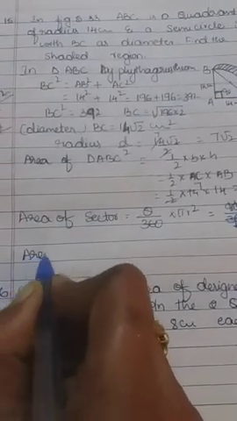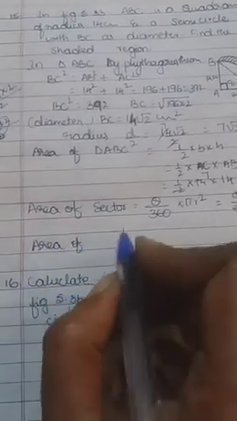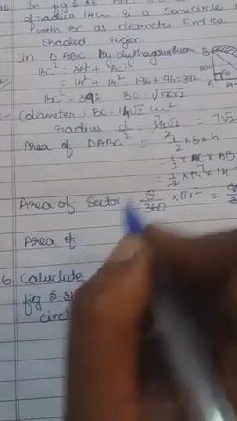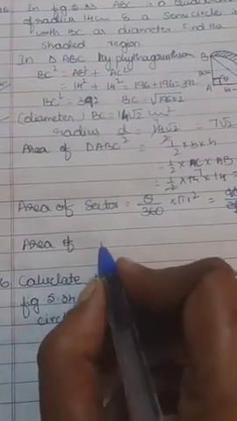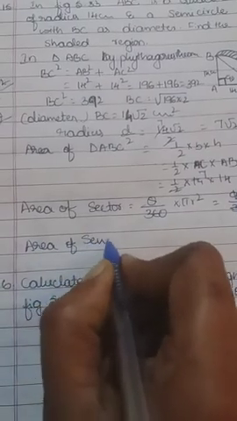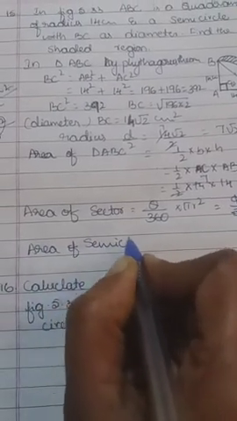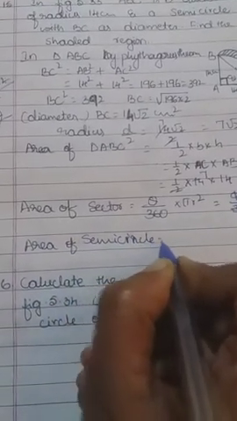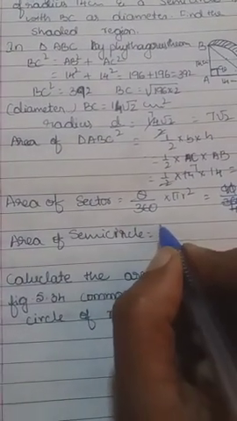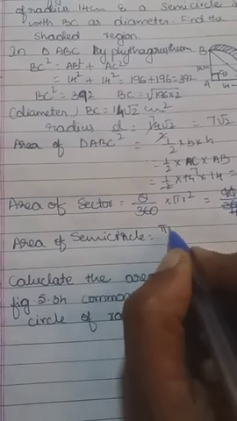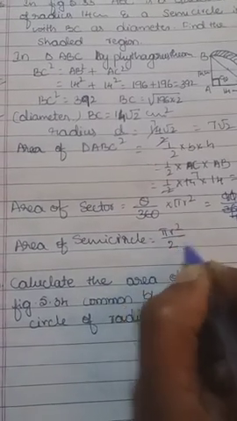Okay, next we have to calculate the area of the semicircle, the shaded region. The area of a circle is pi r square, so the area of a semicircle is pi r square divided by 2.